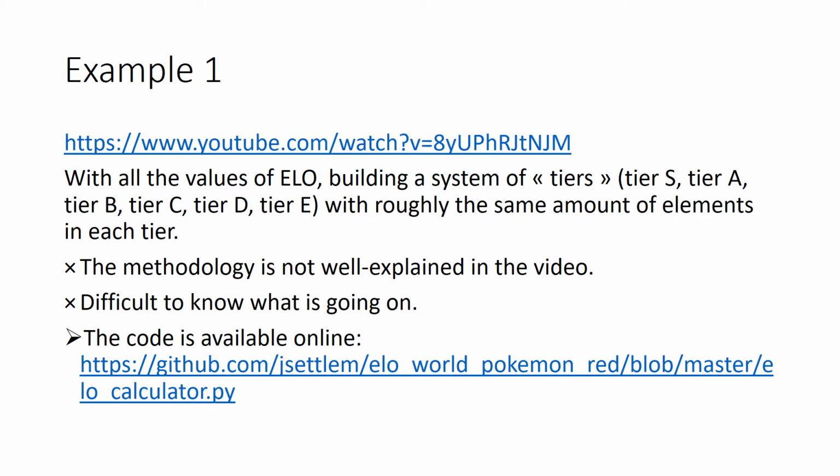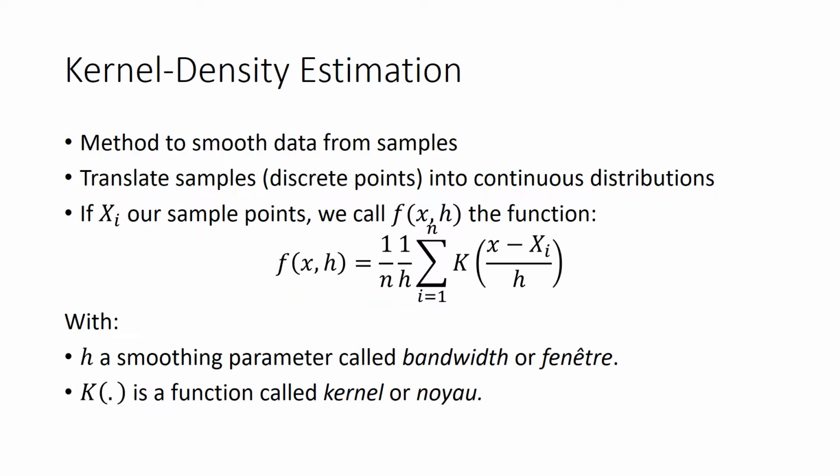In order to do that, he shortly explained that he used an algorithm, but he did not explain in depth what's going on. So I thought it was a good idea to present the results and the methodology. The code is freely available on his GitHub. So I took knowledge of his work and tried to see what's going on and improve it.